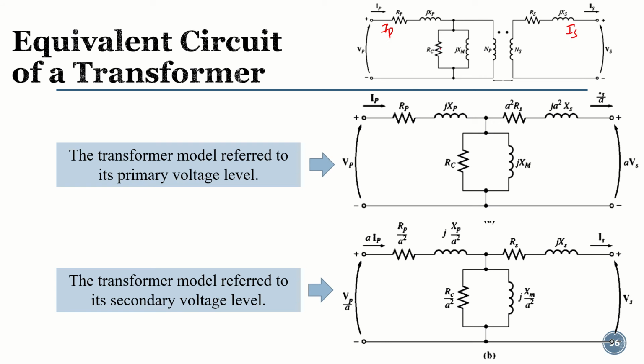So the current which is going towards the hysteresis losses, the parallel path, this branch is very small compared to the load current. Typically the current going to this branch is 2 to 3% of the load current.